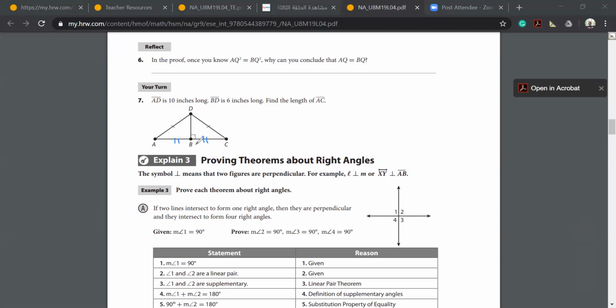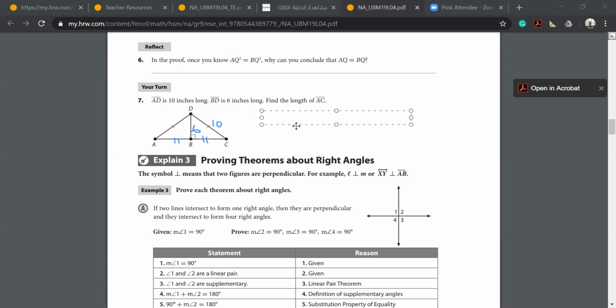So how can I find BC? Remember that BD is 6, it was given, and this is 10, it was given, and this is a right angle triangle. So how can I find this? Using the Pythagorean theorem, right? A square plus B square equals C square.